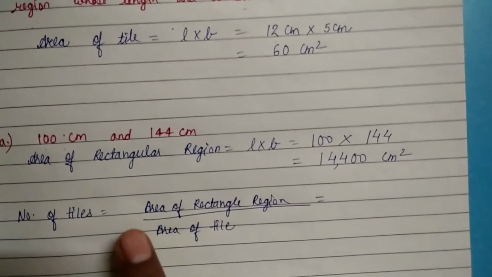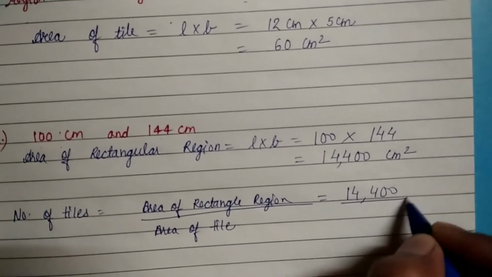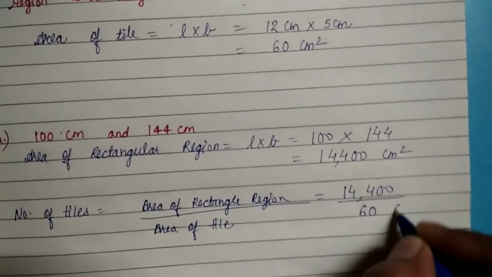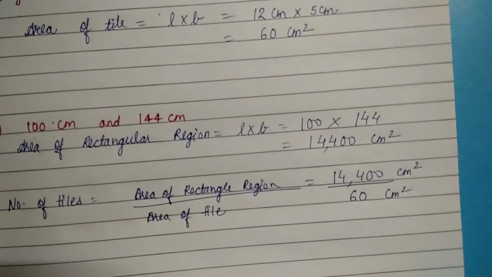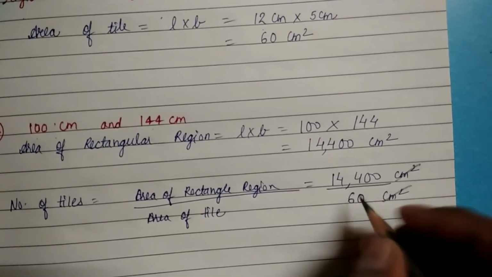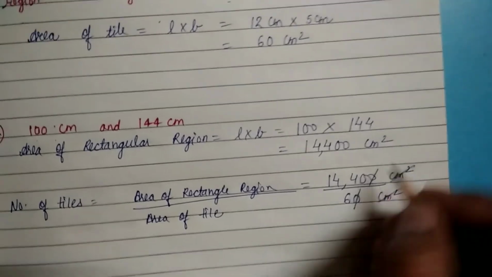The area of the rectangular region is 14,400 and the area of one tile is 60 centimeter square. Centimeter square cuts with centimeter square, and the last zero cuts with the last zero.